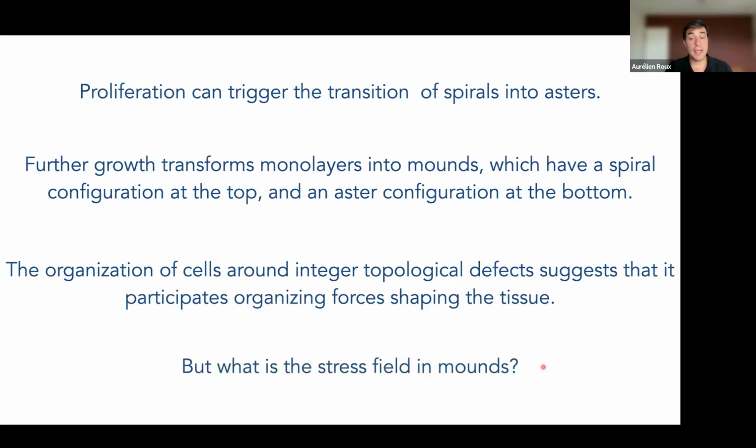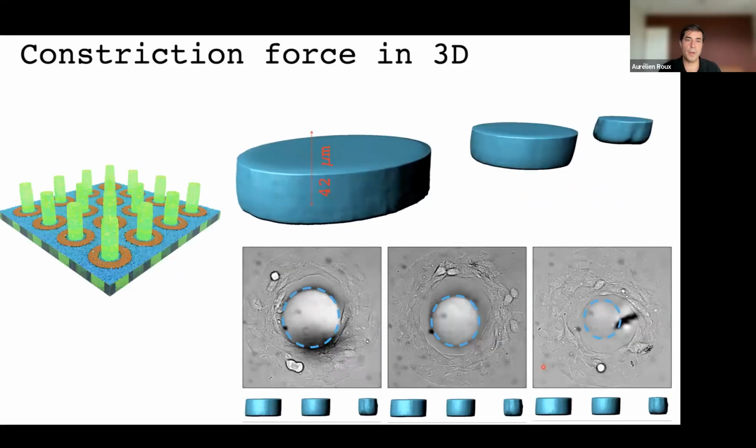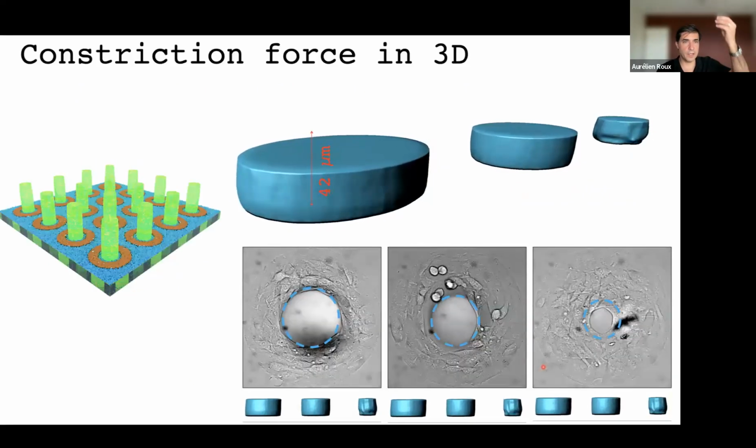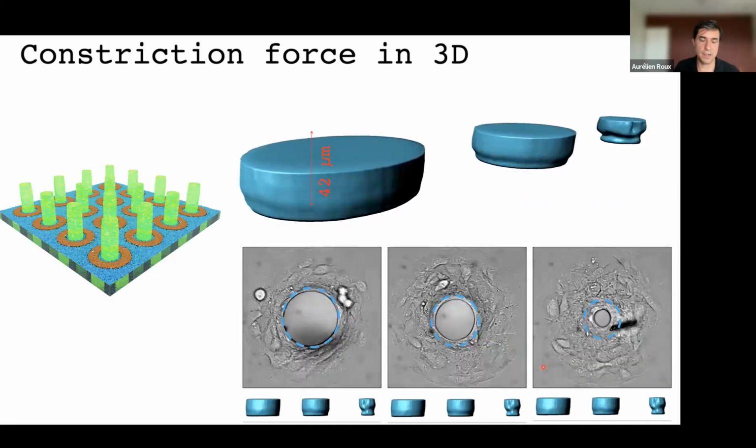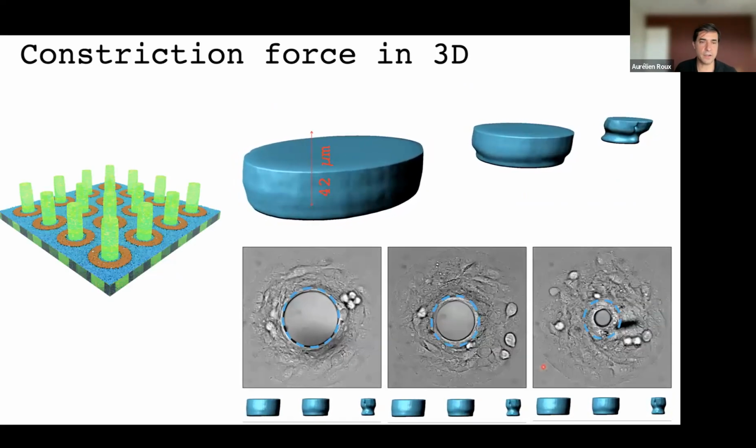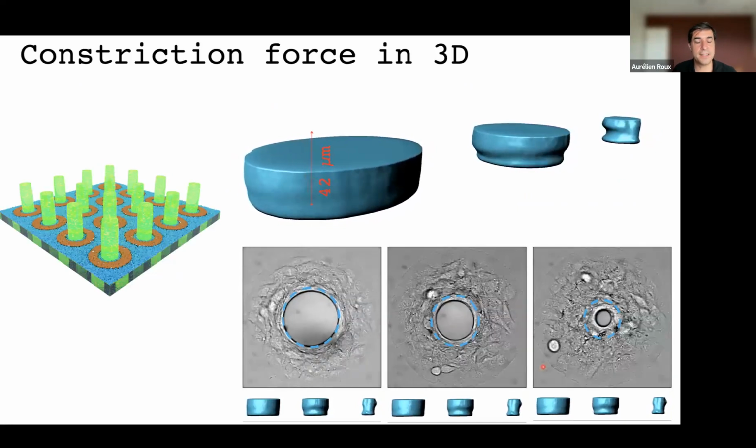The question remains, what is the stress field in the mounts? Because of course, all is based on forces, at least our hypothesis. So we needed a way to address the force field. So Pau came up with the smart idea of putting a contractile pillar, so an elastic pillar, I should say, in the center of the disc.